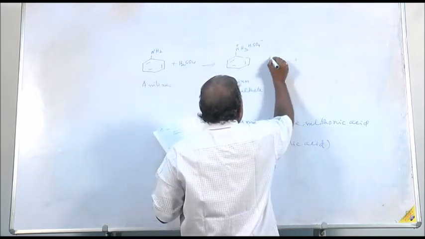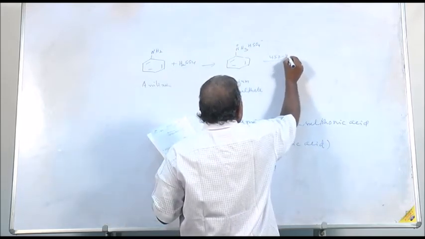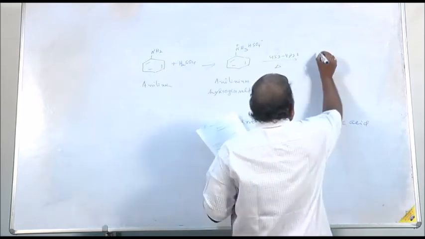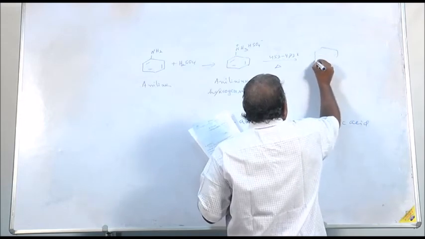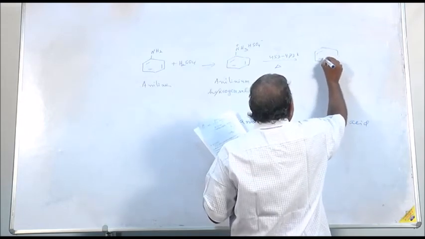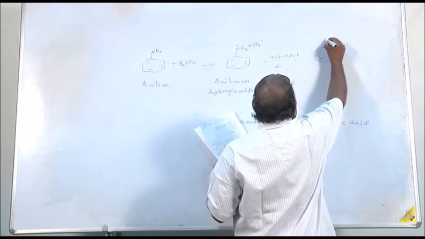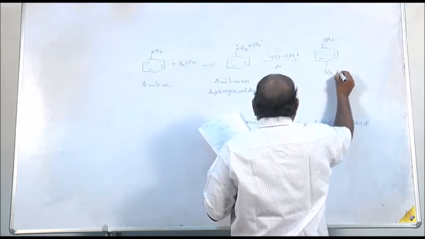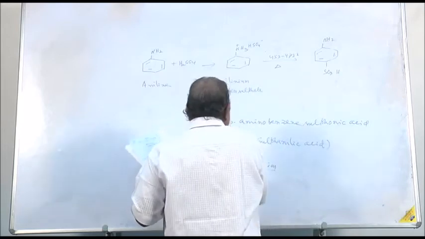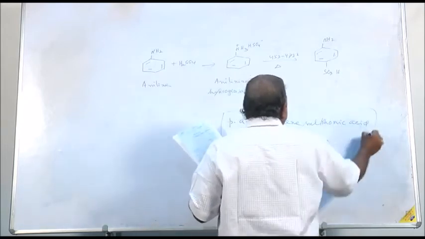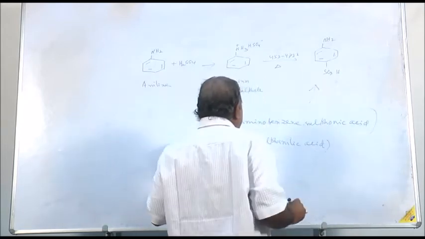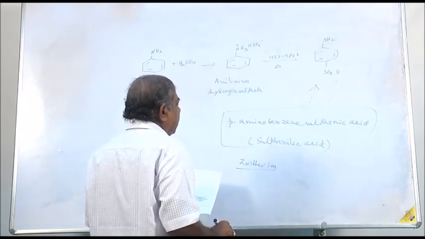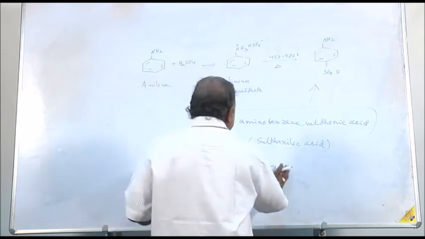When it is heated between 453 to 473 degree absolute, you will get the compound NH2 C6H4 SO3H, whose name I have written here. Its actual name is para-aminobenzene sulfonic acid, commonly known as sulfanilic acid.